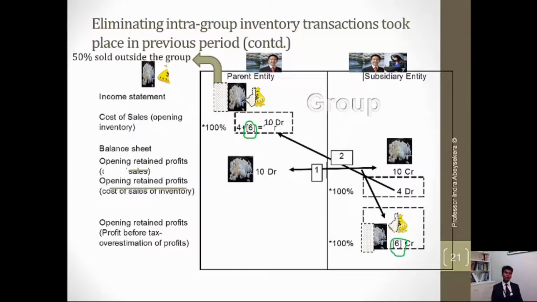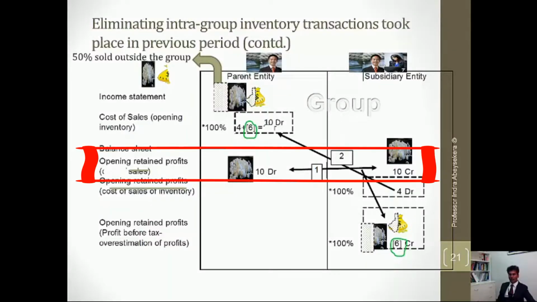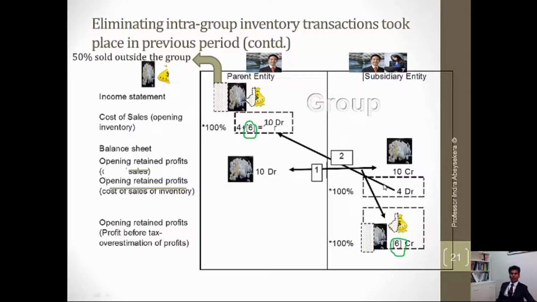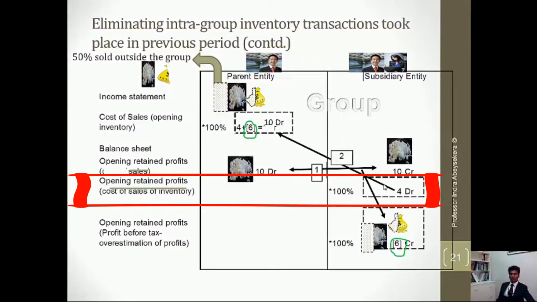Now let's put that into the previous year's perspective. The sale is in the previous period, subsidiary sale. So that's opening retained profits. Anything that happened in the previous period, record in opening retained profits. Cost of goods sold was sold in the previous period. It is in opening retained profits.